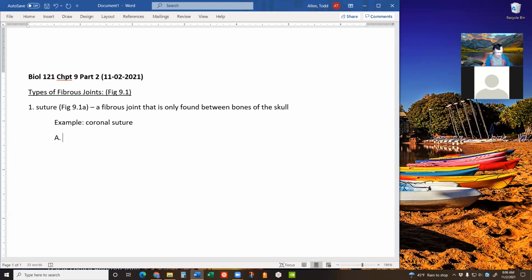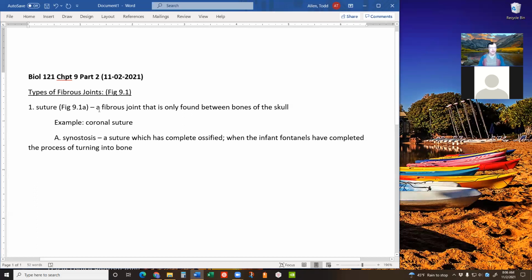A synostosis is a suture which has completely ossified, in other words, when the infant fontanelles have finally completed the process of turning into bone.